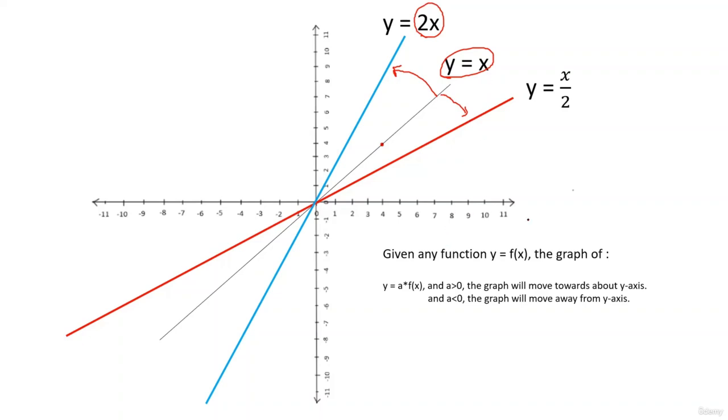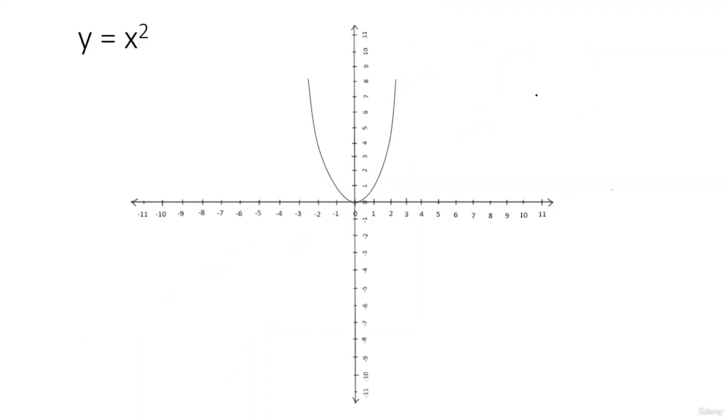How will it change? The graph will move towards the y-axis if a is positive, like in this case y equals to 2x, and the graph will move away from the y-axis if a is basically a fraction. Positive still, a fraction, like y is equal to x by 2. Okay. Now, something similar you can observe for quadratic functions, guys.